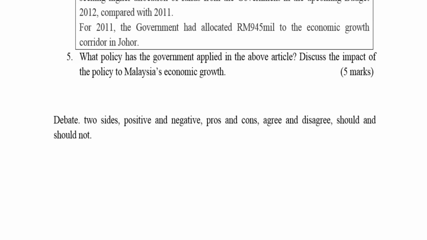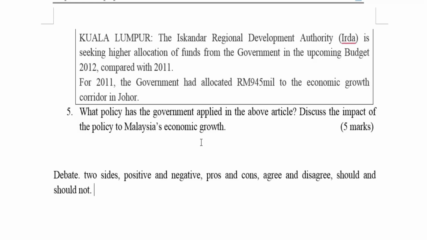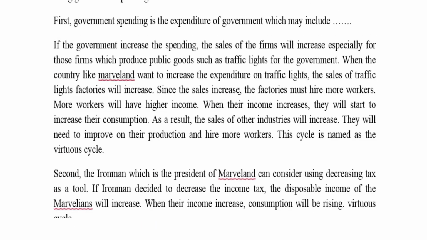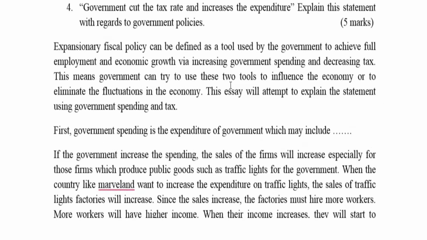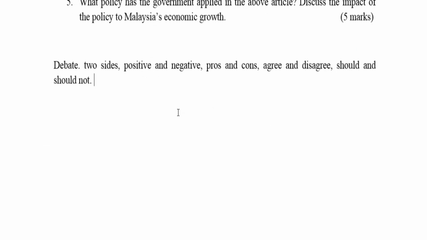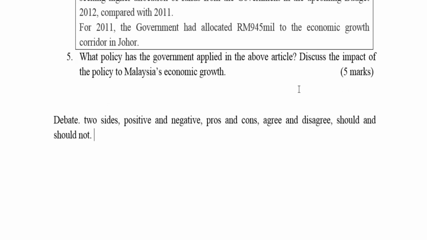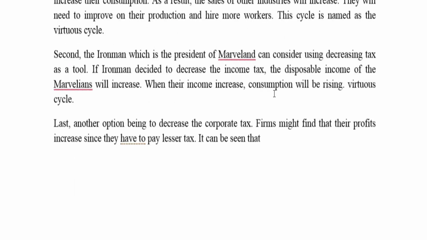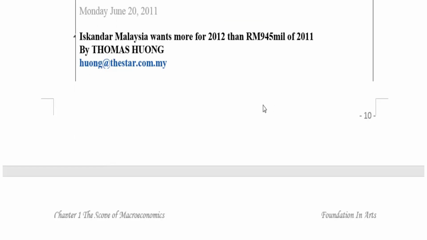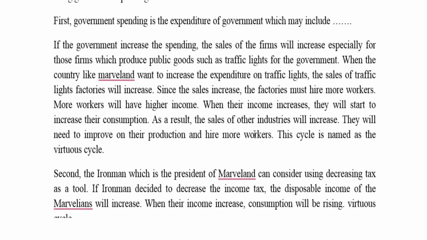Okay, so this policy that the government use is the fiscal policy. So the expansionary fiscal policy is something similar to question 4, but now you also need to give some negative impact, not only the positive one. So the positive one being they hire more workers, employment increase, and then the growth will increase.